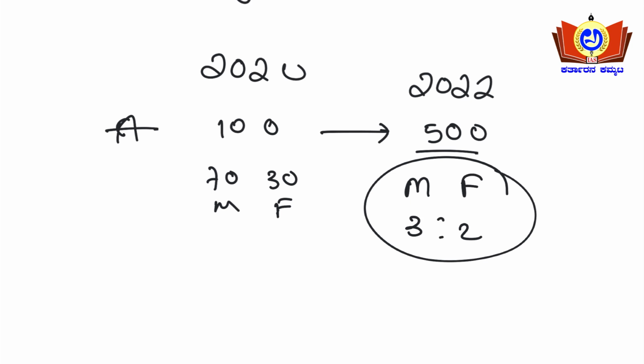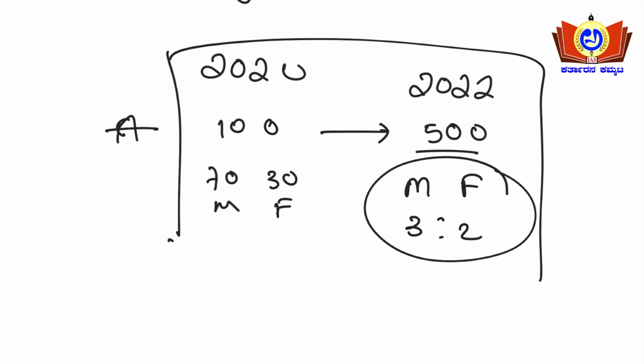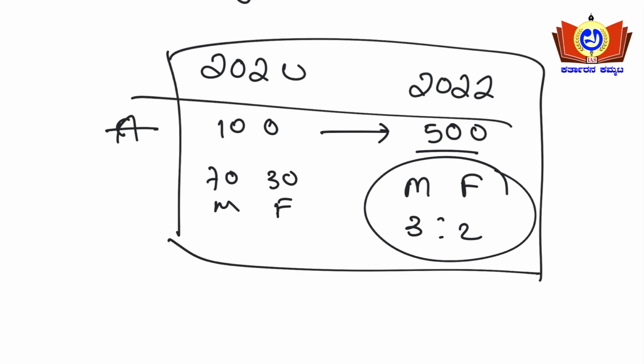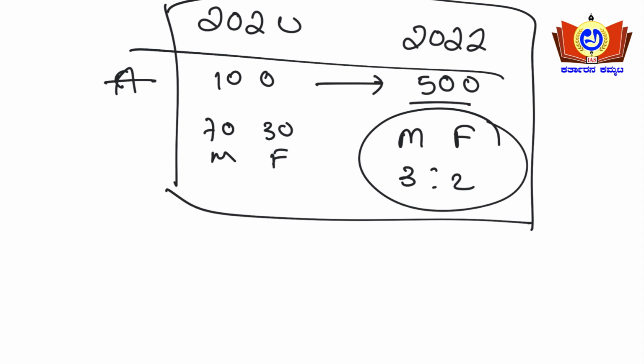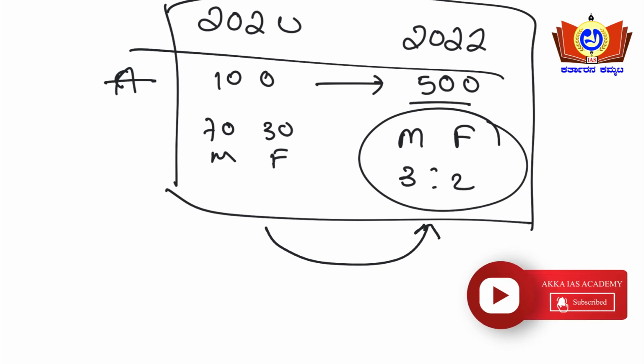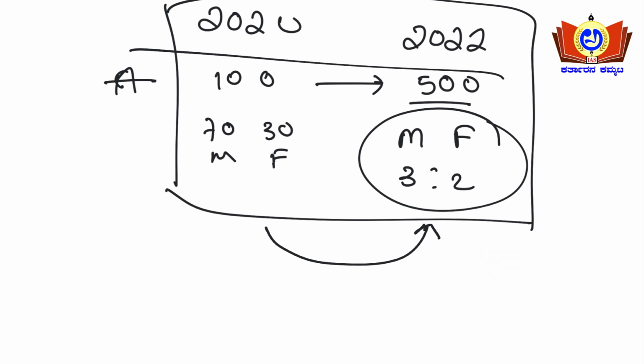This kind of data you will be encountering in the problem, and the question will be what is the population increase from 2020 to 2022? That can be one question here. Or else, what is the male population in 2022, and what is the female population in 2022? These different kinds of questions will be asked.